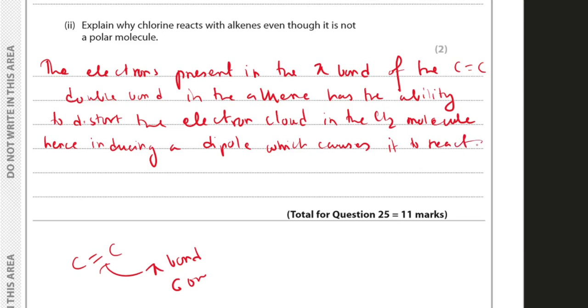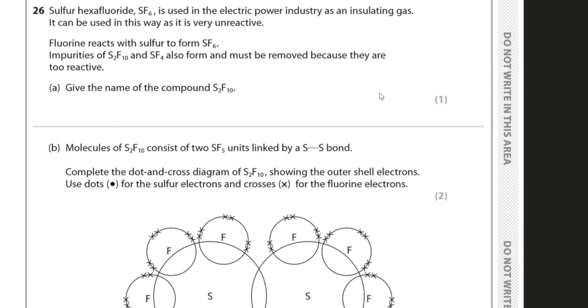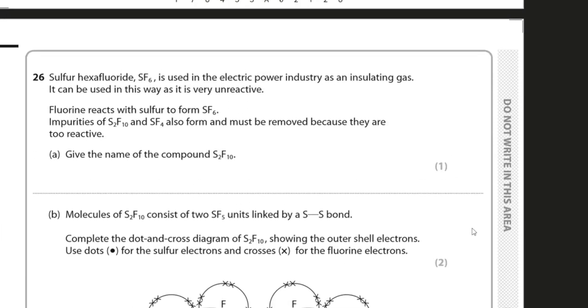So the formation of a dipole due to this phenomenon allows chlorine to react with alkenes even though it's not a polar molecule.